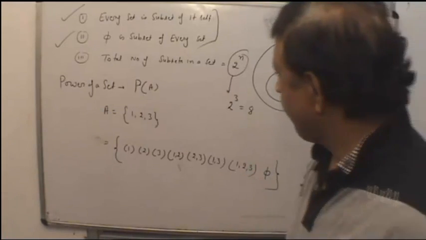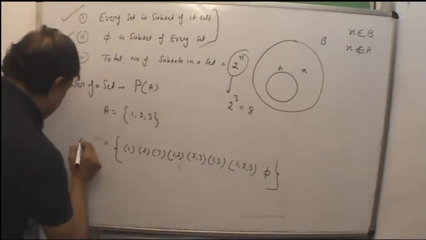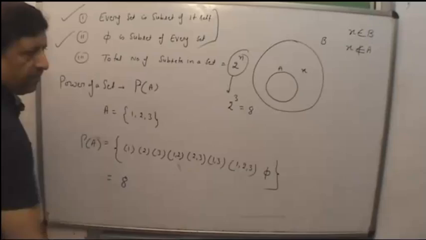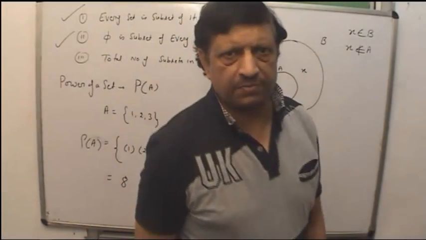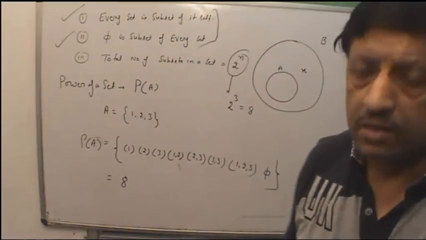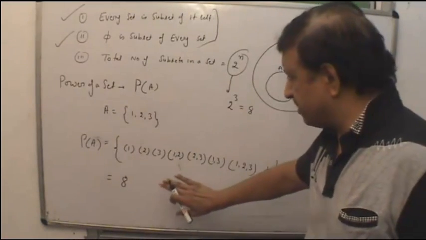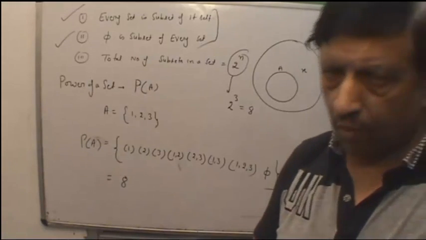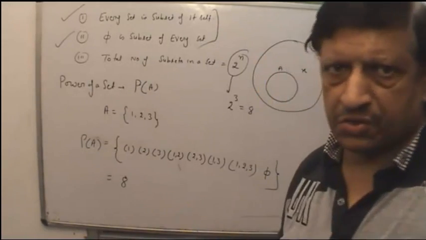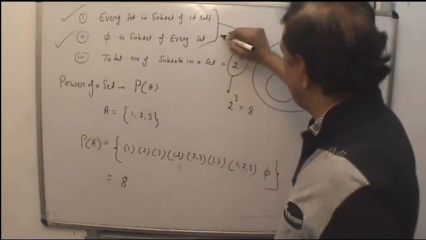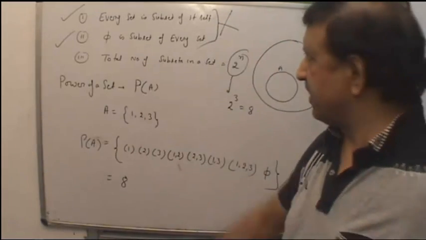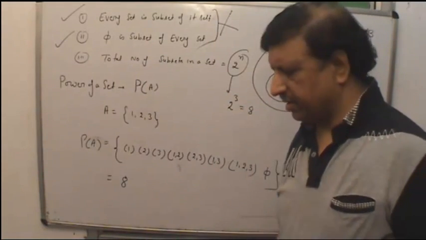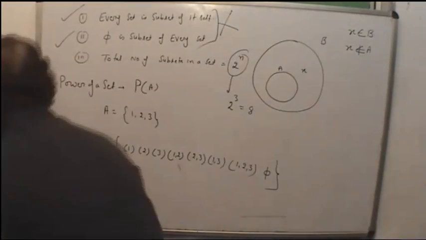So we can say it is the power of the set A. What is the power of the set A? That is equal to 8. Power means how many subsets a set can generate. It is the set of all the subsets of a set plus these 2 particular sets always, that is the set itself and the null set or the void set. This is called the subset.